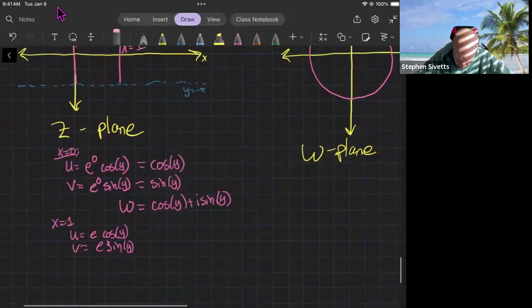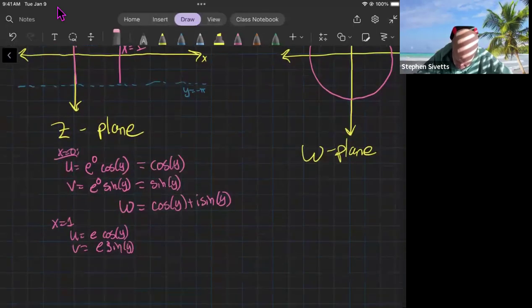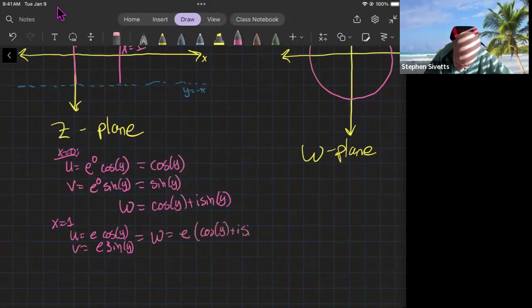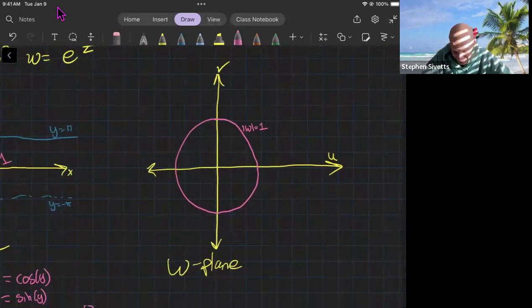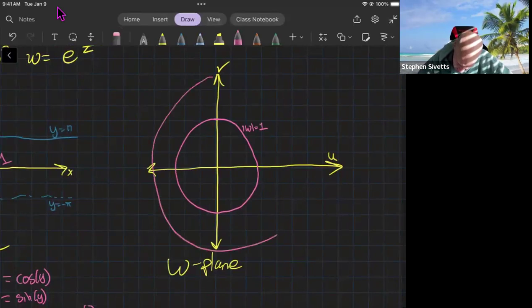I'll just do x is equal to 1, so we'll get a better idea what this image is. So w in this case is e times cosine y plus i sine y. This will correspond to a circle of radius e. So much bigger circle, right? So the modulus here is e.